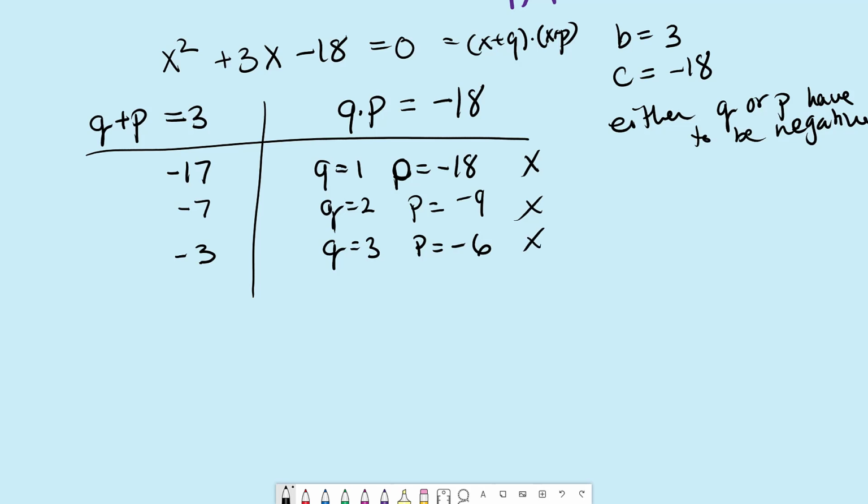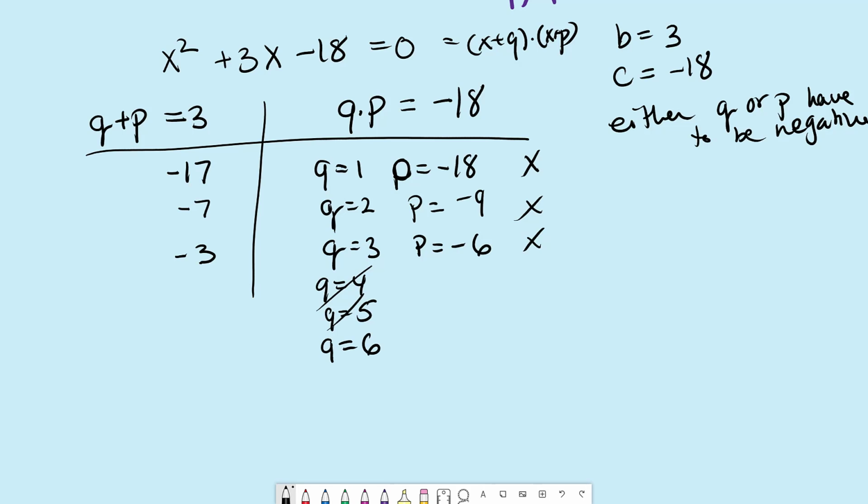So this is still not the correct answer. What about q equals 4? q equals 4 is not a factor of 18, so it will not give us another whole number for p. So q equals 4 does not work. What about q equals 5? 5 is also not a factor of 18, so not good.